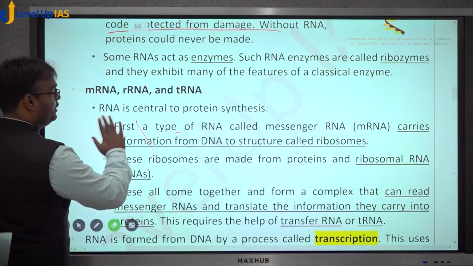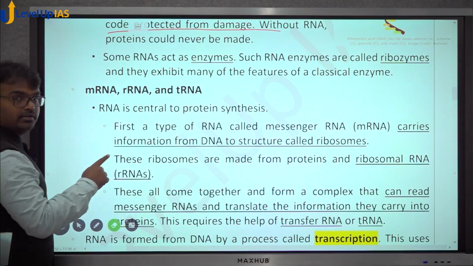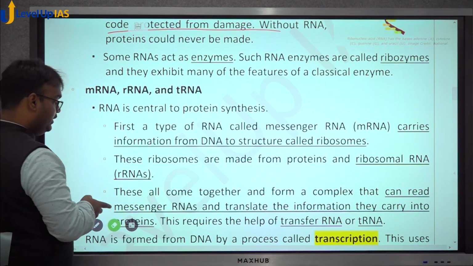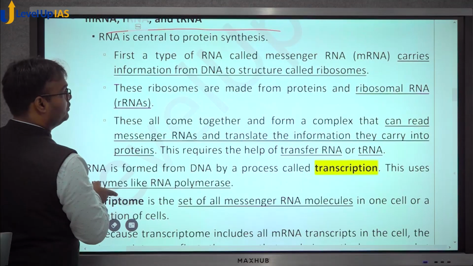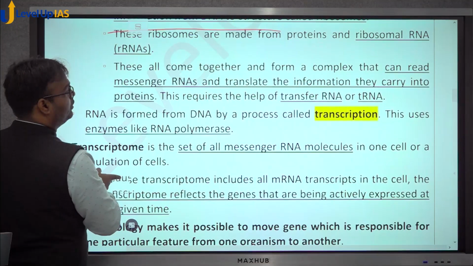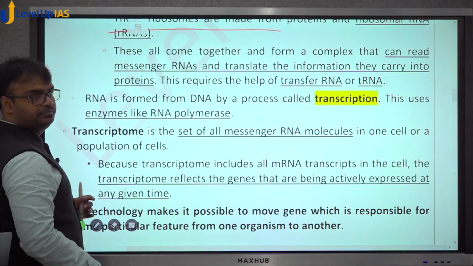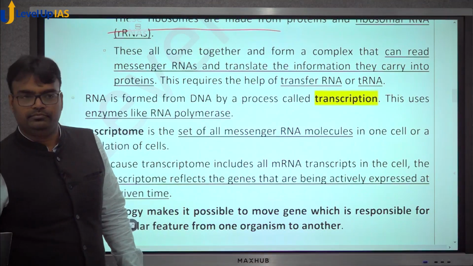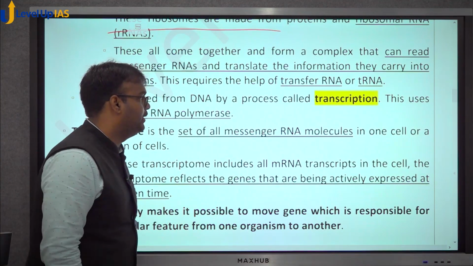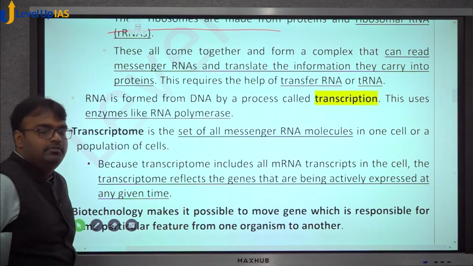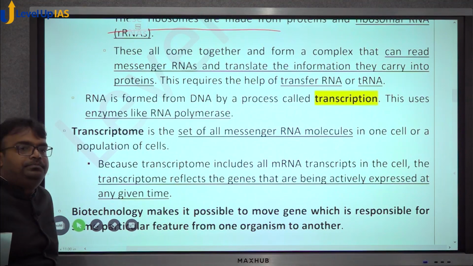mRNA, rRNA, tRNA, you have understood all these things? Now let us understand one more thing. What is transcription? Formation of RNA from DNA. That is transcription.